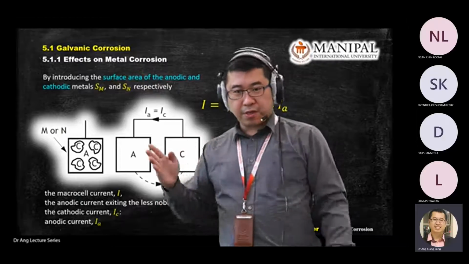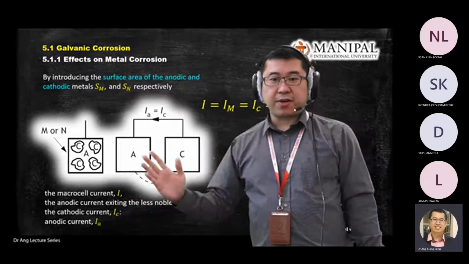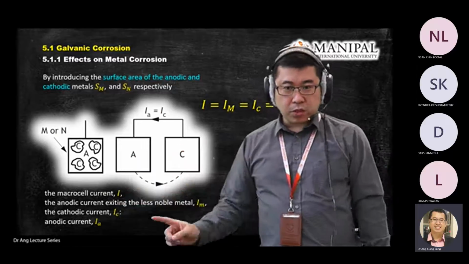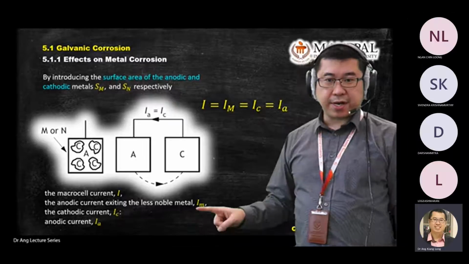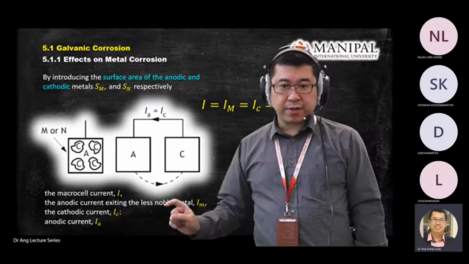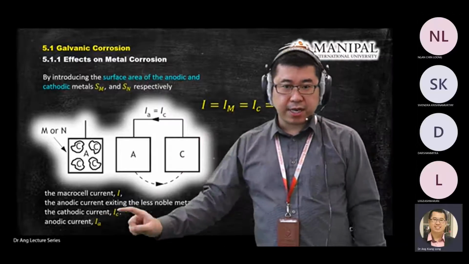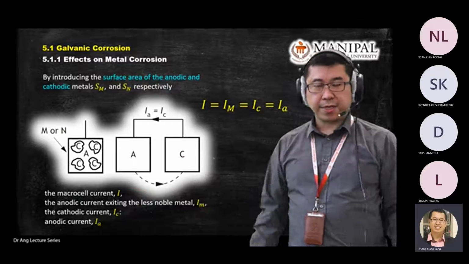Each of the metals here, if you cut it in half, becomes a half cell. Previously we covered all this current. IM is the anode current, IC is cathode, IA is anode.